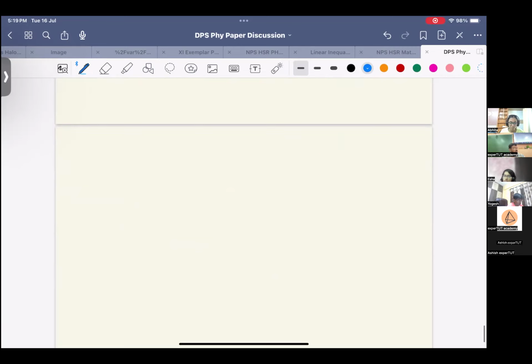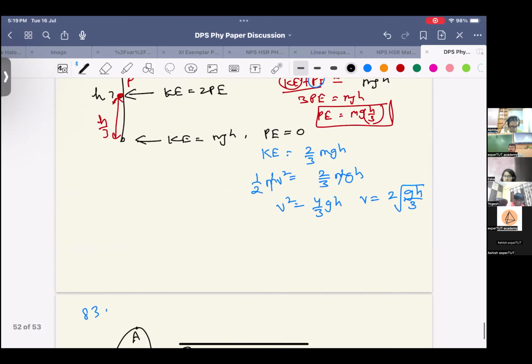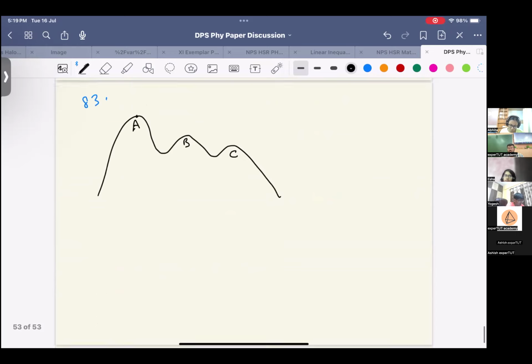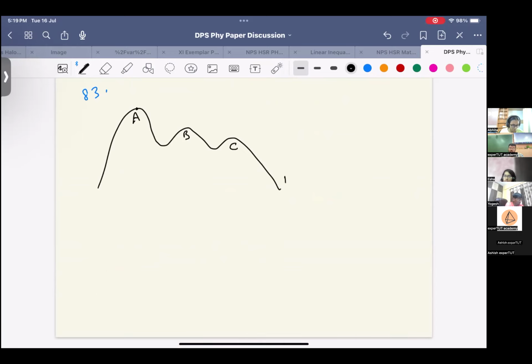There are some questions which are easy, like 83. In 83 there is a hill, and point A, point B, point D is the lowest point, and the heights of these are 2h, 3h by 2, h.